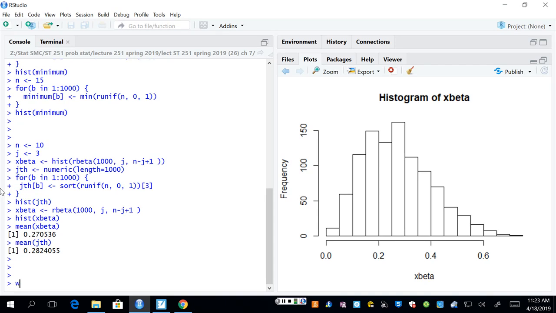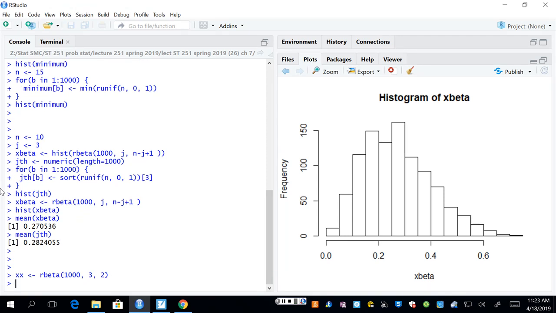Let's call our values here w. Well, we called them x over there, I'll just put 2 x's so it doesn't overwrite the other things there. Those were actually betas. Let's do 1,000 of those things. That particular beta, because x is raised to a 2 power, so it's 3, and the 1 minus x was the 1 power, so it has to be 2. It's a beta of 3, 2.